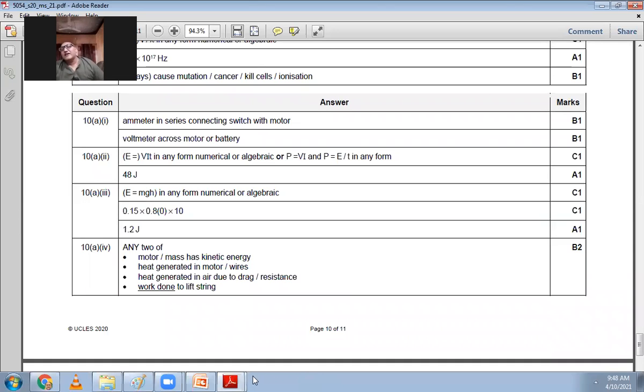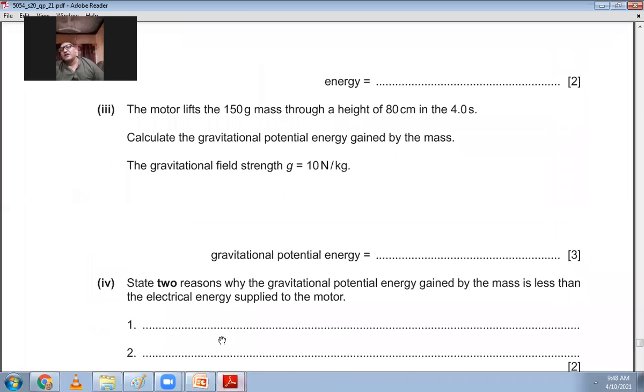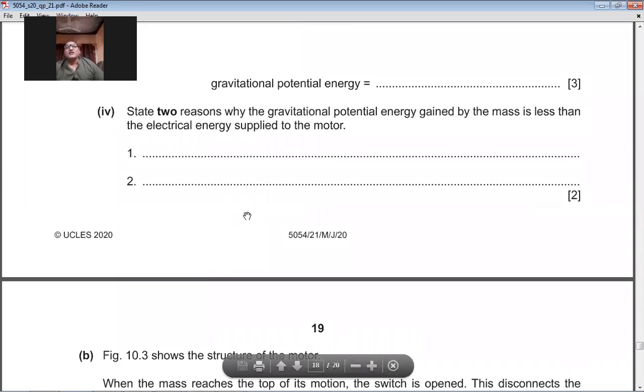And then the next part is: state two reasons why the gravitational potential energy gained by the mass is less than the electric energy supplied to the motor. The electric energy supplied to the motor is also converted into other forms of energy, which are wastage of energy.